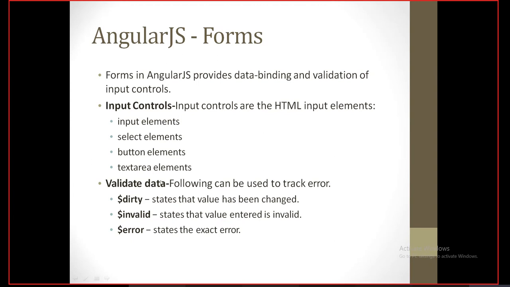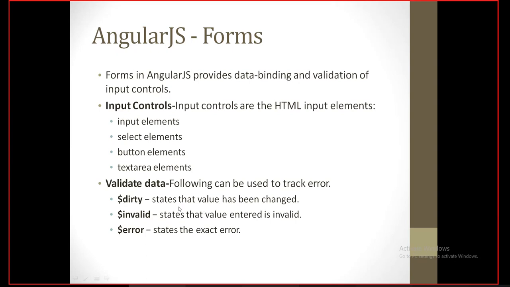To validate the data coming from all these input controls, as I told, we have three values: $dirty, $invalid, and $error. Since these are boolean flag values, $dirty will be turned to 1 whenever a change is made.